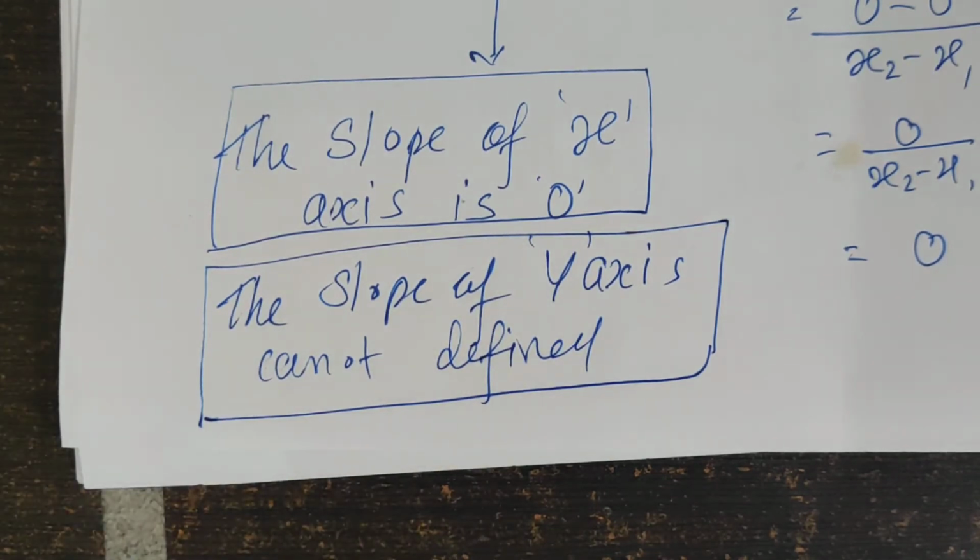Then one more point related to the slope of parallel lines. When two lines are parallel to each other, their slope is always equal.